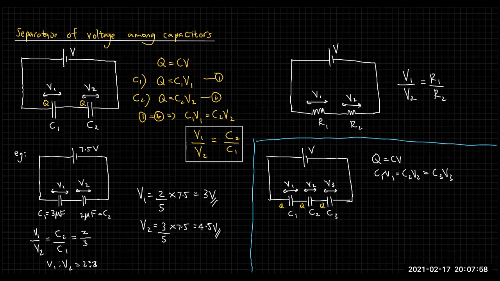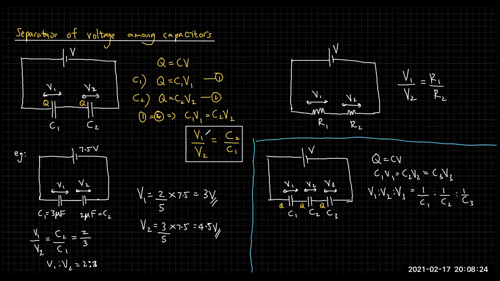Now, since you have 3 parts, you should write that this way: V1 to V2 to V3 can be written as 1 over C1 to 1 over C2 to 1 over C3.